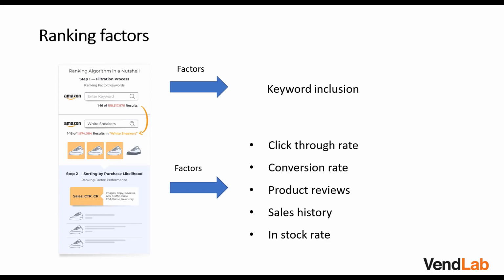For this, it'll look at the click-through rate. This is the percentage of users that click on that result in the search results. It will also look at the sales conversion rate once that listing page has been opened. All other things being equal, products which have more positive product reviews, a longer sales history and more sales, and also a higher percentage of time in stock, will receive higher rankings.